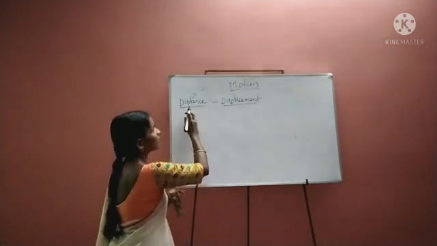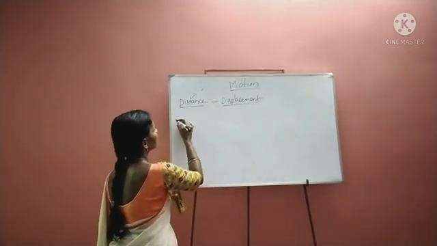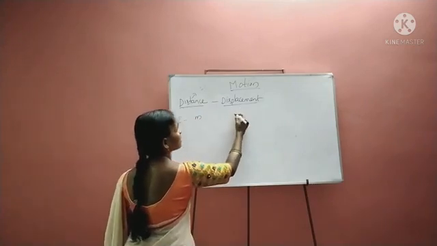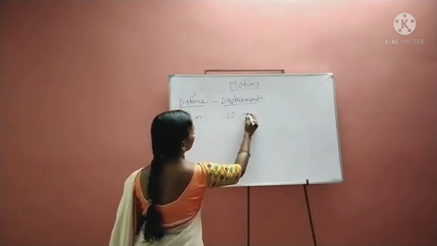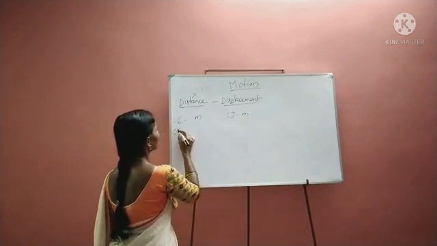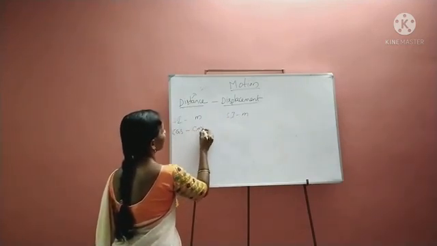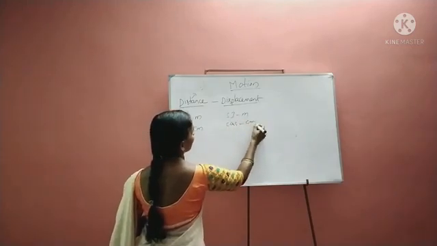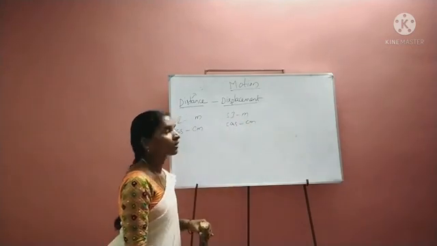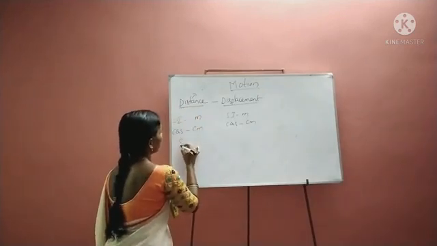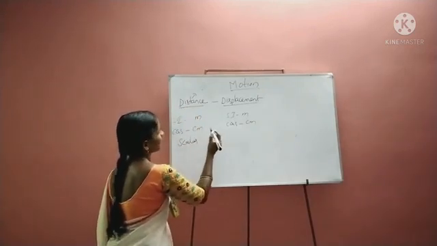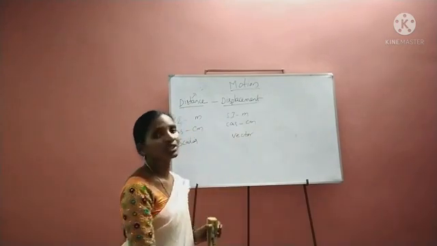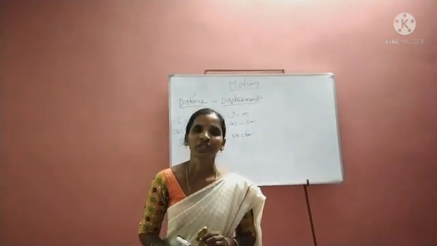Units: the SI unit is meters for both, and the CGS unit is centimeters for both. Distance is a scalar. Displacement is a vector quantity.